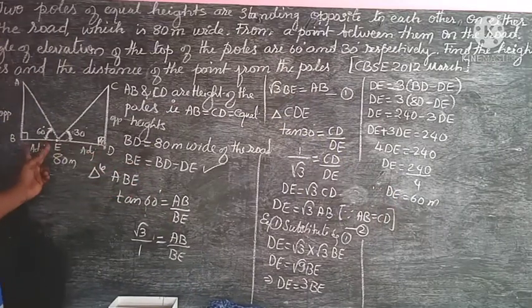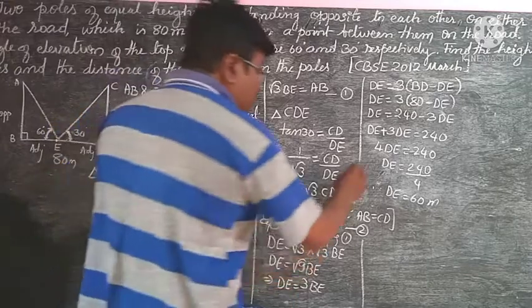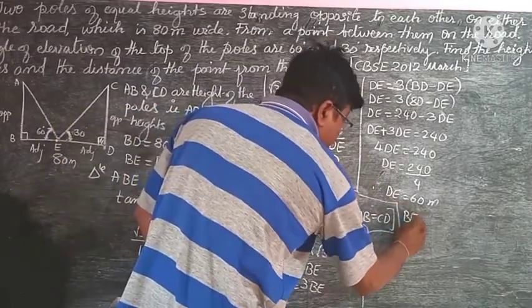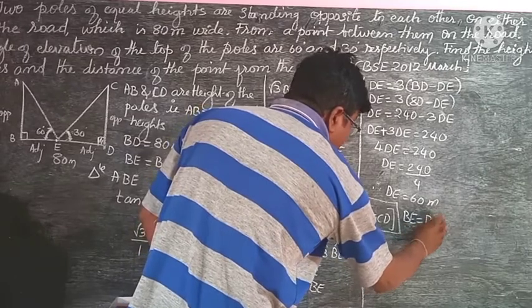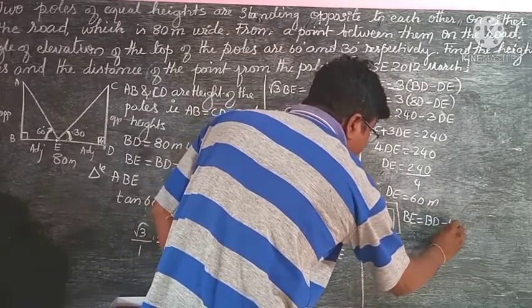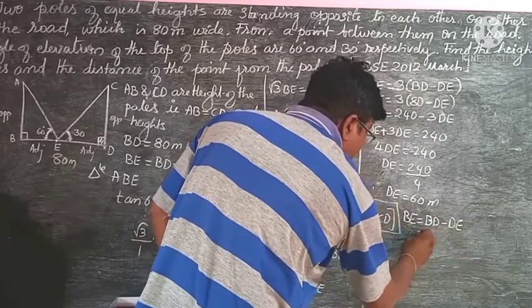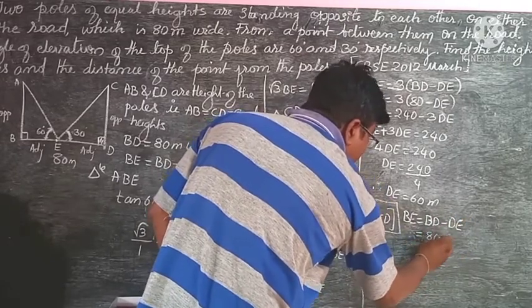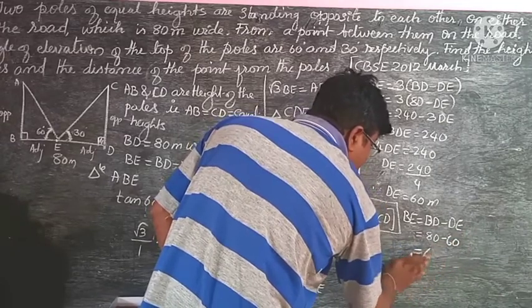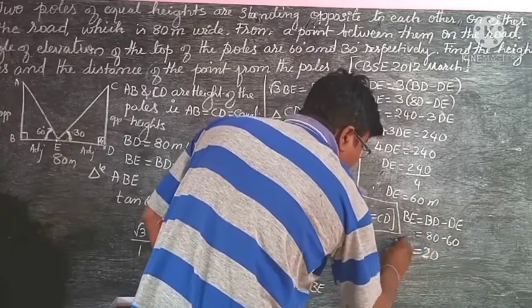Then we can easily find out the BE value. Therefore BE is equal to what? BD, you can subtract DE. What is the BD value? 80. The DE value we already found is 60. That is how much? 20. That is BE.